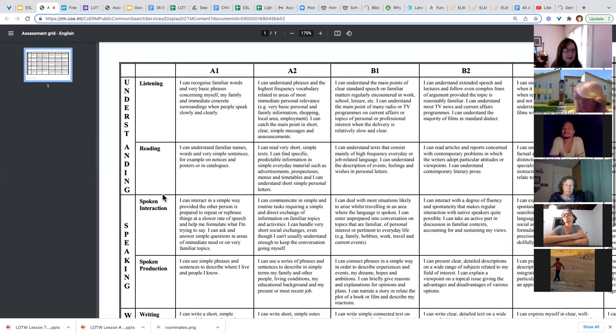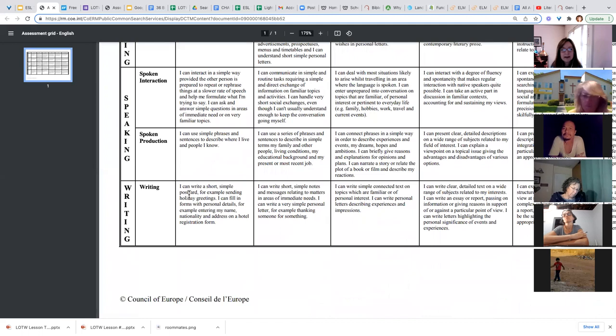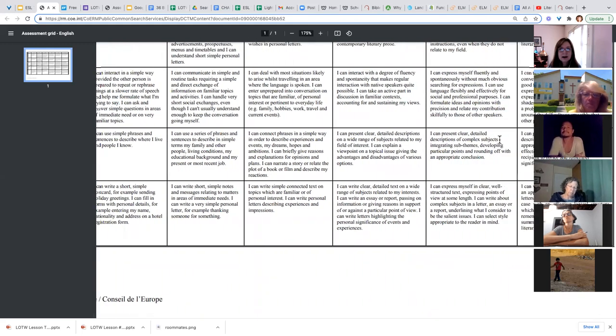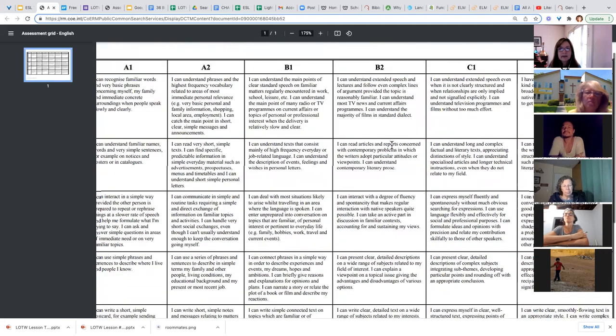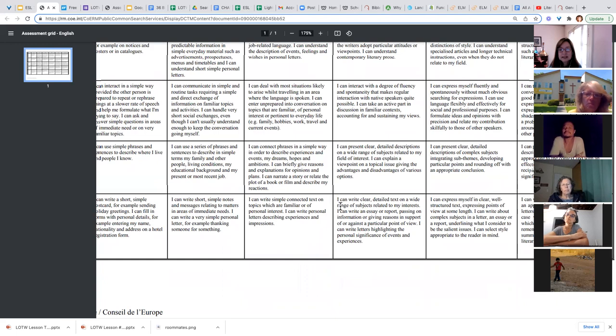Some other descriptors. So for writing at the A1 level, I can write a short, simple postcard. I can fill in forms with personal details, entering my name, nationality, and address on a registration form. So that's what we would expect at the A1 level. If we jump up to the B2 level, you can see for the writing, they would be able to do much more.